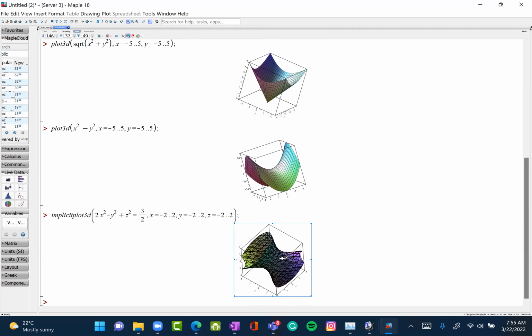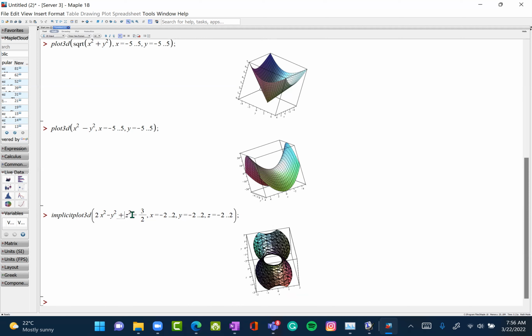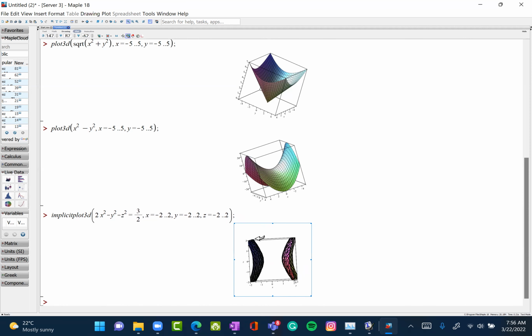Oh, so it looks like this one. And what about this one? If you put 2 negatives, well, 2 separate things. What about if I just put this one?